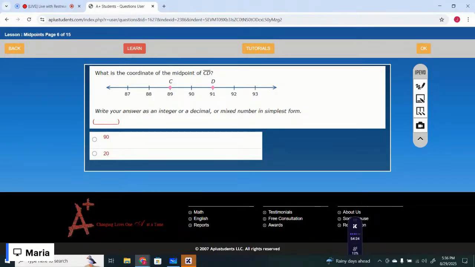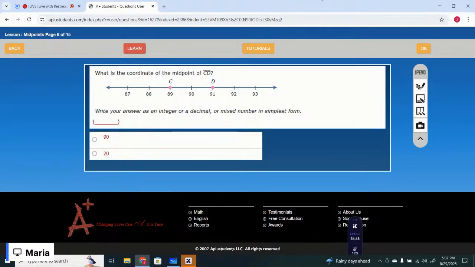What is the coordinate of the midpoint CD? That is 90.